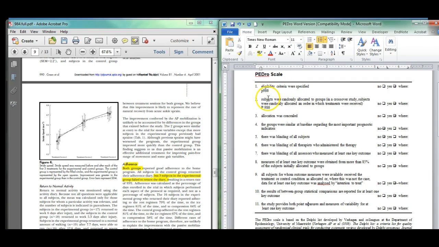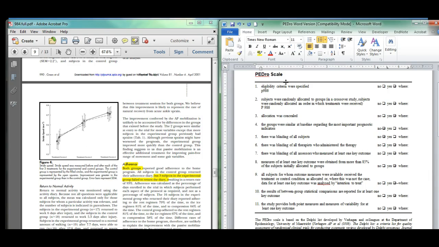And part of the reason that they're starting to use the Pedro scale and to have authors actually use the Pedro scale on their research manuscripts is because they really want high quality articles. Most journals will receive upwards of thousands of manuscripts being submitted, and so to cut down on the amount of reviewing that they have to do, they now are asking authors to do this.